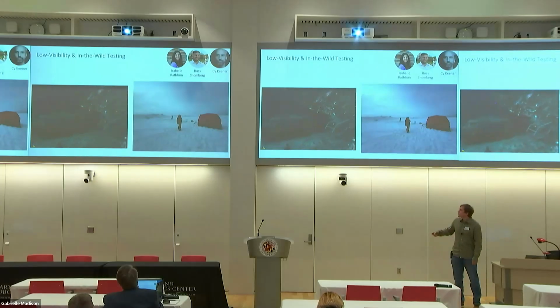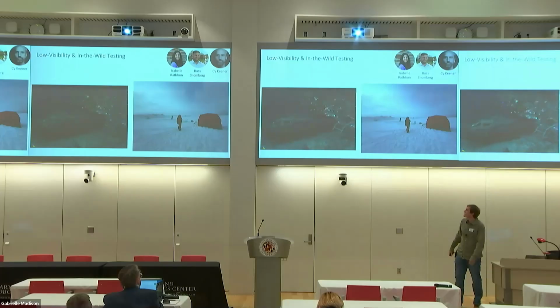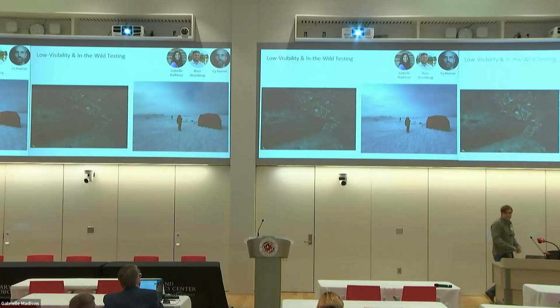We're currently working in the MRC neutral buoyancy pool to reconstruct things in low light. We're working nearby to image in murky water, and then a few weeks ago, Russ and Sai and my student Isabel went out to Alaska to try to reconstruct the geometry of icebergs.